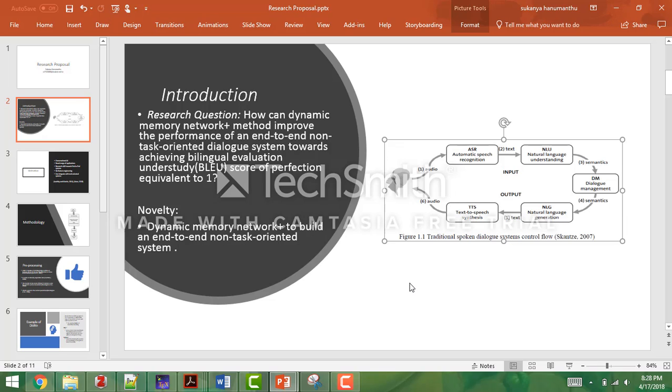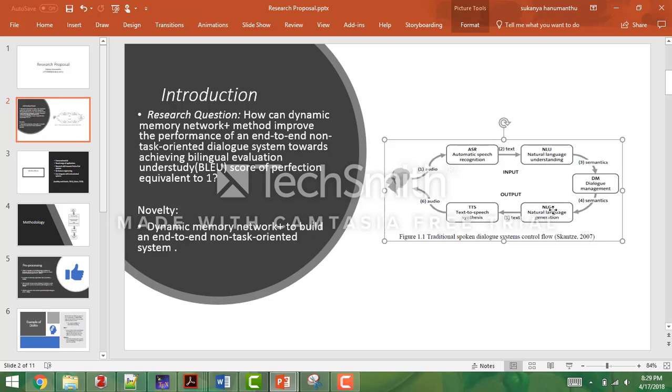But the main difference between the end-to-end dialogue system and the modular dialogue system is that an end-to-end dialogue system does not need any feature engineering, and does not have to stick to this modular engineering. We have different modules here, and all these modules have high importance, and they have to be constructed manually.